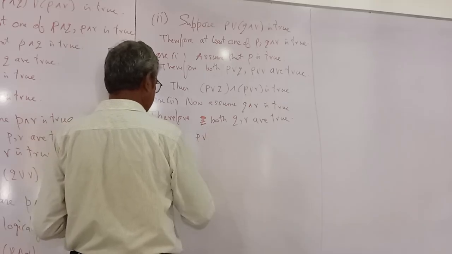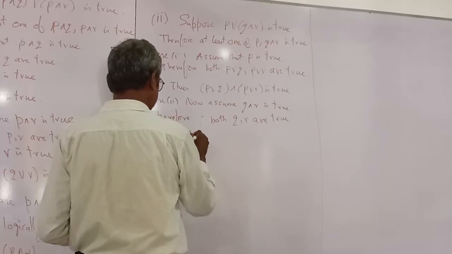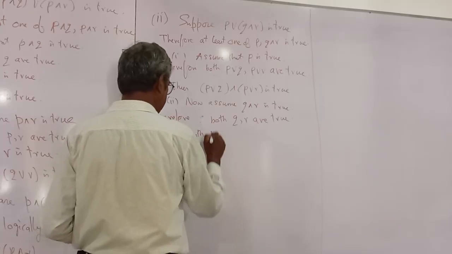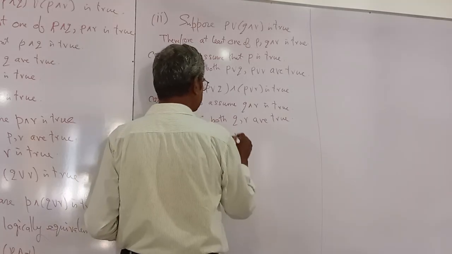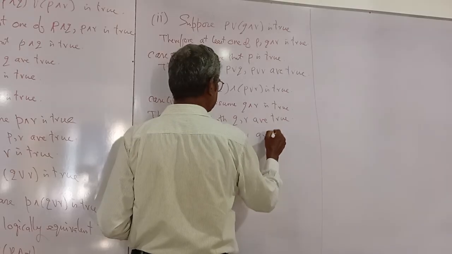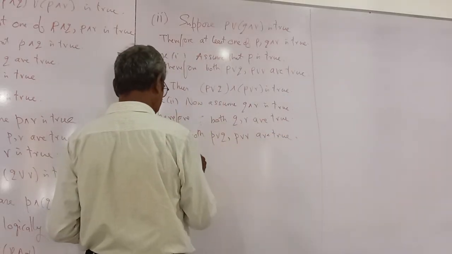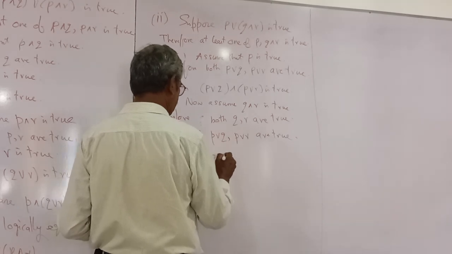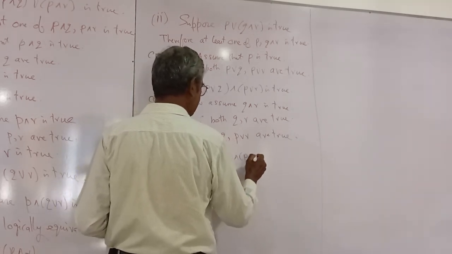Combine those. Hence both P or Q, comma P or R are true. Thus, P or Q and P or R is true.